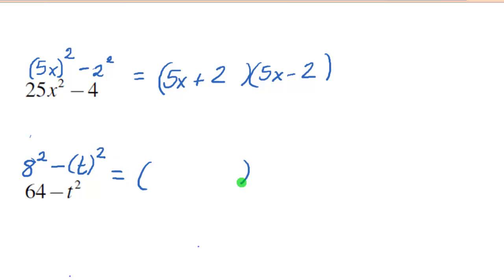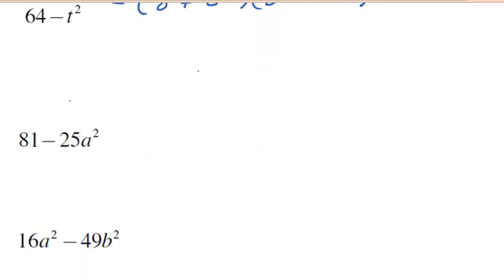We're going to factor that as 8 plus t, 8 minus t. Notice I keep the order. 8 squared came first, so the 8 comes first here. Otherwise, this binomial with the subtraction will be wrong if you switch the order. So the variables don't always have to come first. Follow the order in the problem.